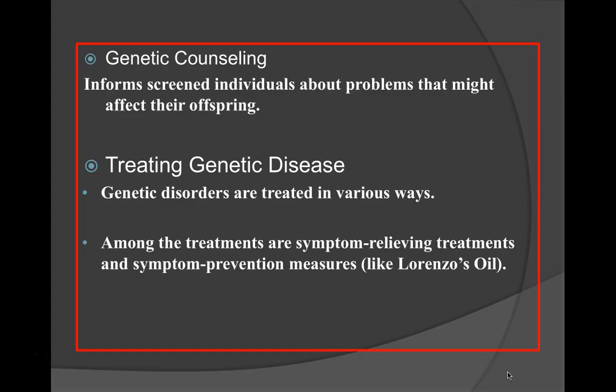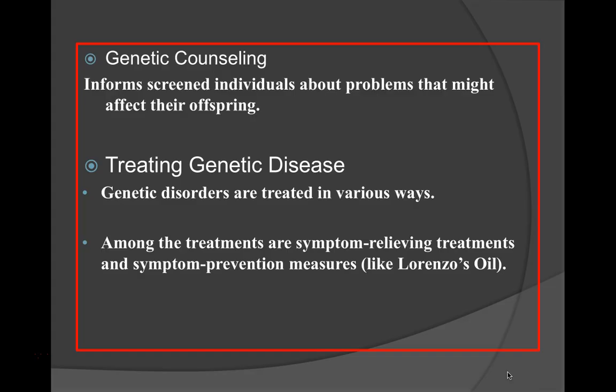And in terms of treating genetic diseases, every single disease is different and they're treated in completely different ways. But really, they just fall into two major categories. You're either going to have symptom relieving treatments or symptom prevention treatments, because again, there is no actual cure for genetic diseases, because they are inherited and embedded in your DNA.